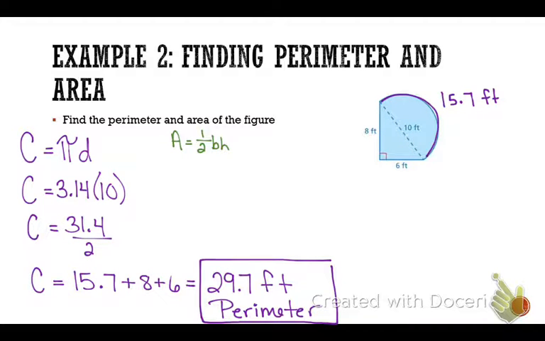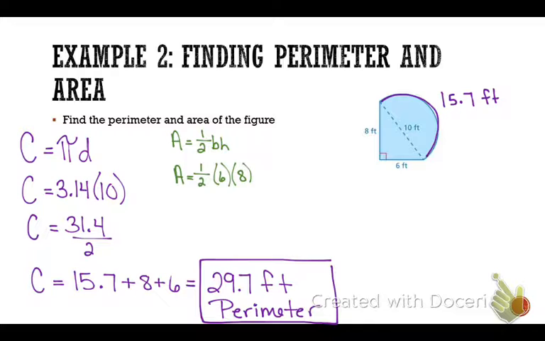Could you plug in those numbers based on the dimensions in the figure? 1/2. Do you know what would go in for B? I mean 6. What's the base of the triangle? Times 6. And what's the height of the triangle? 8. Times 8.